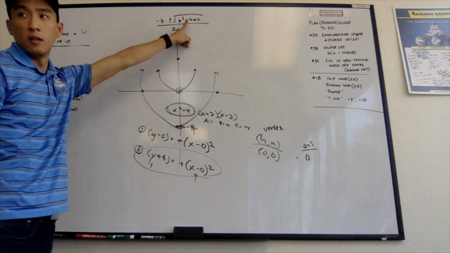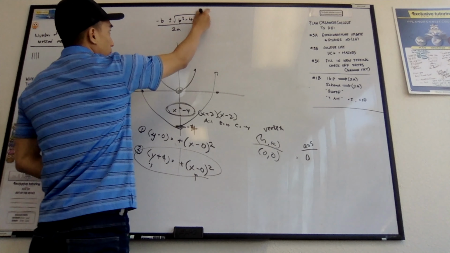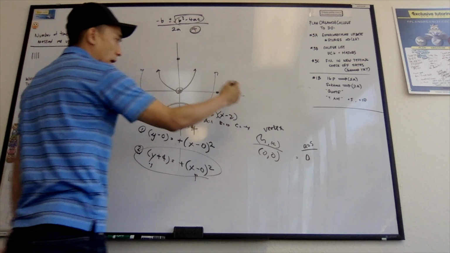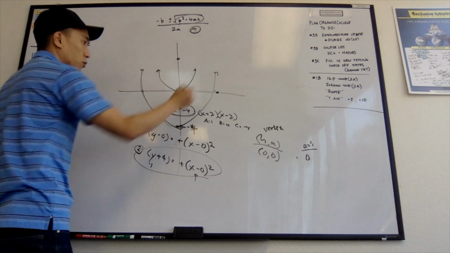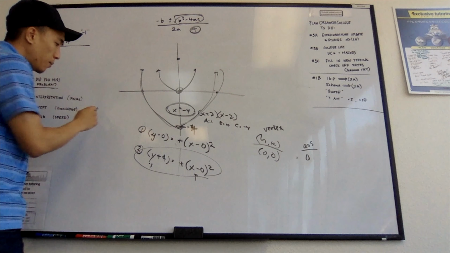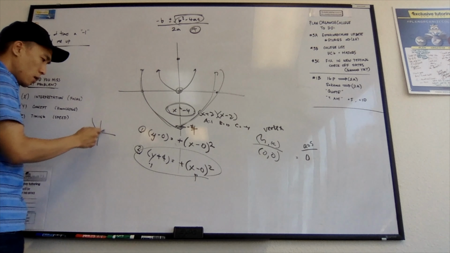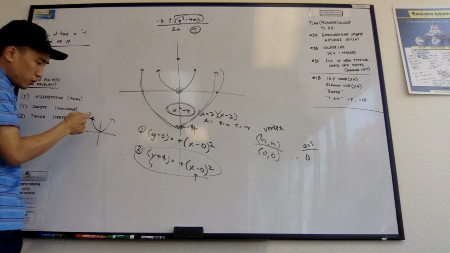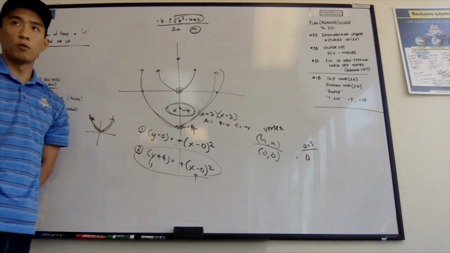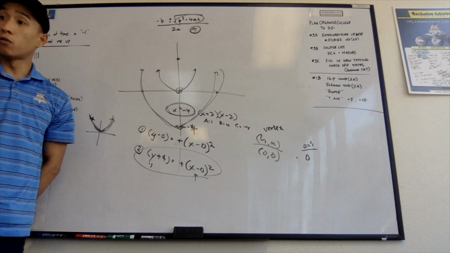Do you see that? When the value of your discriminant is positive, that means your parabola touches the axis at 2 points. That makes sense? So keep in mind, each one is a possible result, a possible value.